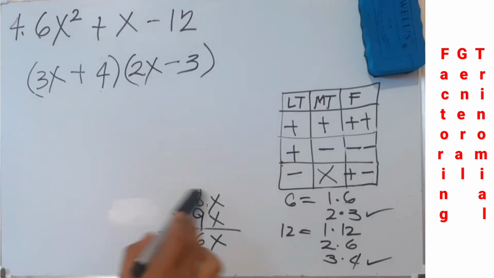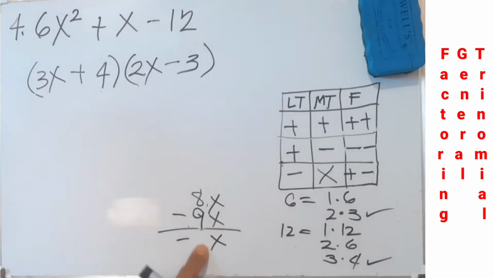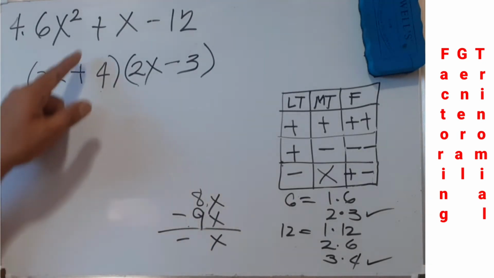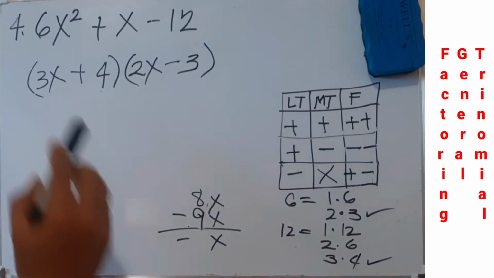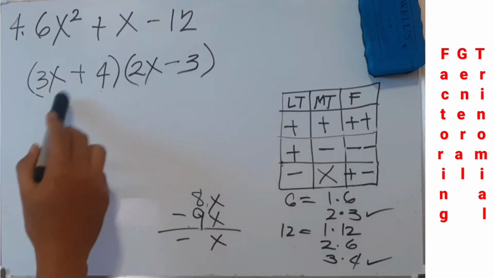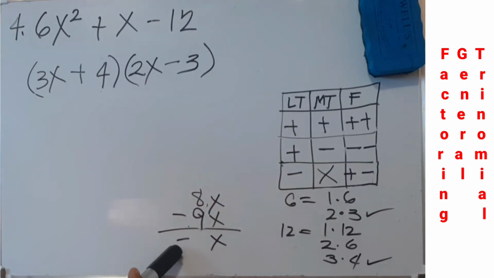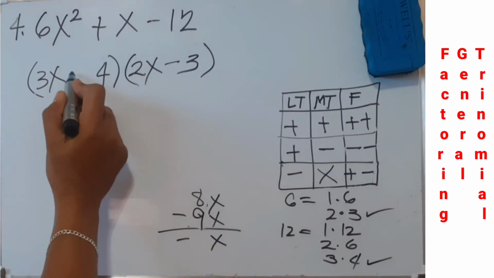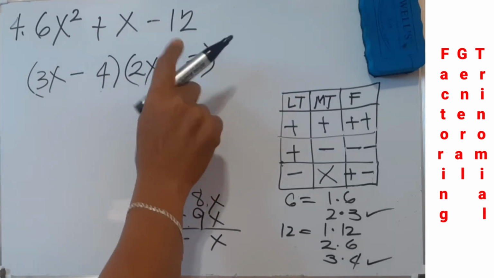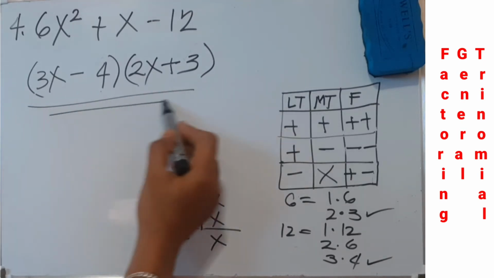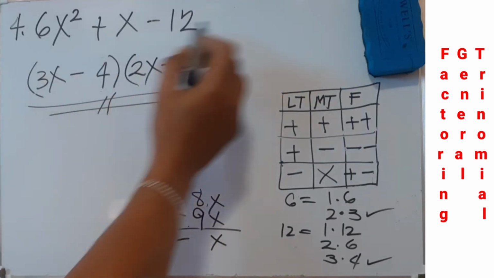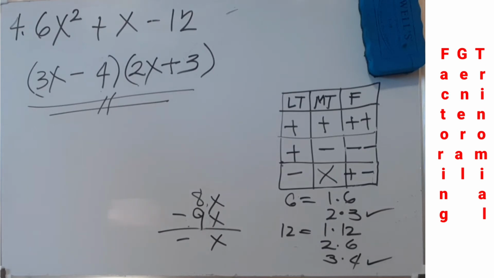Different in signs. 8x minus 9x is negative x. They are now both x but different in signs. Meaning, these combinations are already correct but they are opposite in signs. So, this positive will become negative and this negative will become positive, and these are now the factors of the given polynomial.